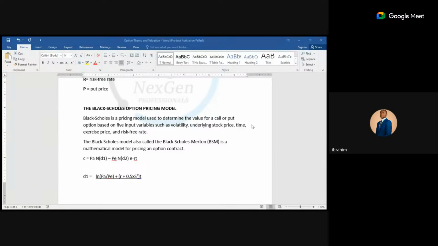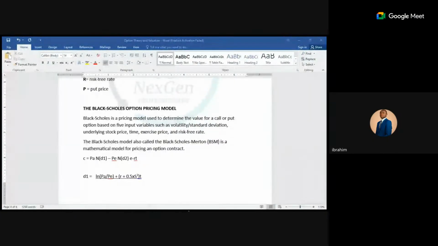We have the volatility. Volatility means the examiner may write standard deviation. Standard deviation, that is volatility. Underlying stock price.